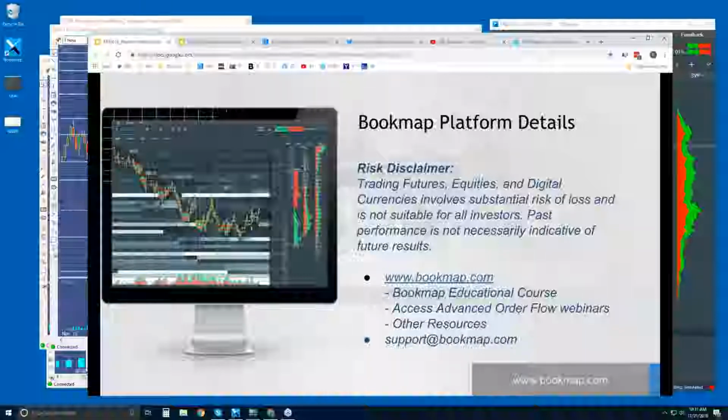All right, so what we do in this webinar is define what Bookmap is, who uses it, how to connect it, how to subscribe to it, and some of the Bookmap resources online. So just getting through some of the basics, and then jump into the platform and look at some of the basic order flow that Bookmap is displaying.